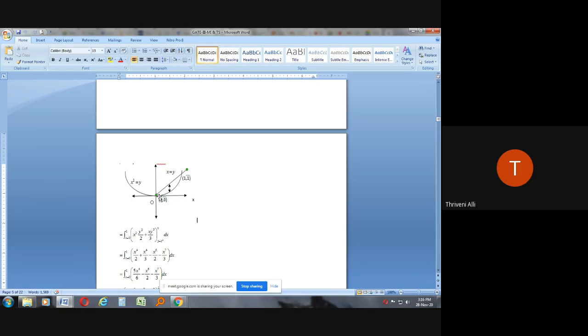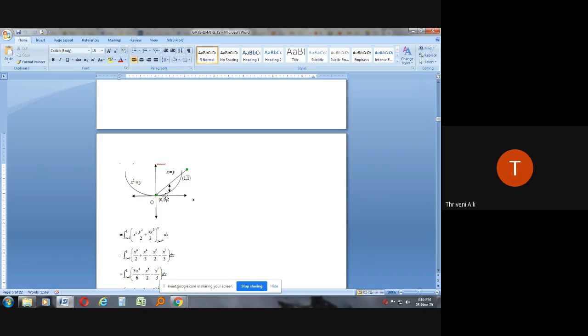So here y varies from x square to x. Do you understand? From the lower curve we get y equal to x square, from the upper curve y equal to x. So we take from lower curve to upper curve, that is y equal to x square to x.